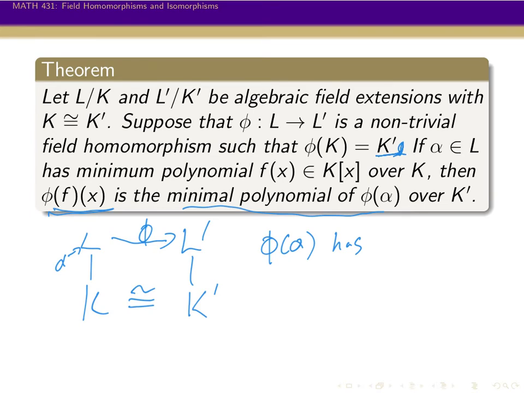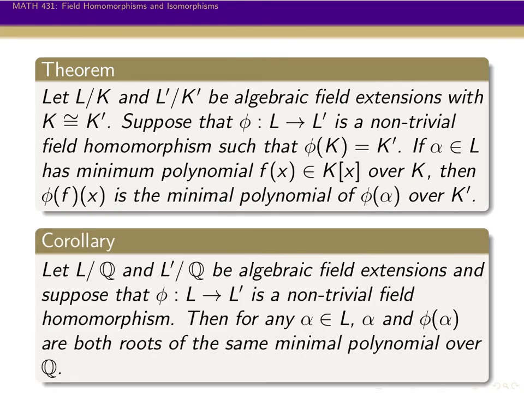Okay, so before we go through the proof of this, I want to go through one main application, one important application that signifies exactly what's going on here. I'll put this in as a corollary. In this corollary, we're just thinking about K and K prime as both being Q. That's the simplification here.